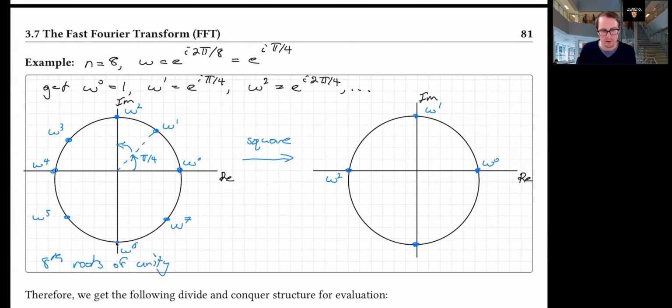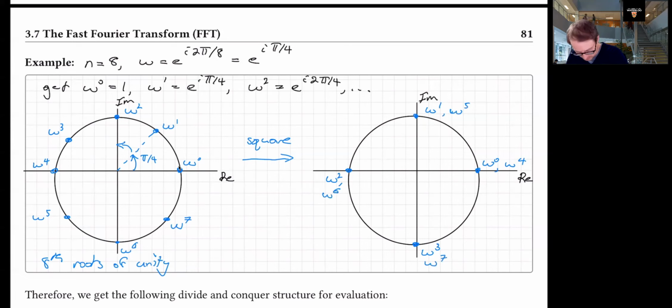And now it's going to be an angle 3 pi over 2. So this is omega cubed. Omega 4 was at an angle of pi. So now it's going to be at an angle of 2 pi. So this will also be where omega to the power 4 is. This will also be where omega to the power 5 is. This will also be omega 6. And then this is also omega to the 7.